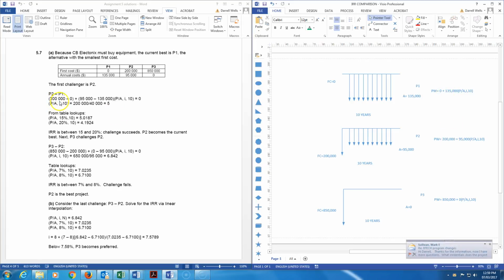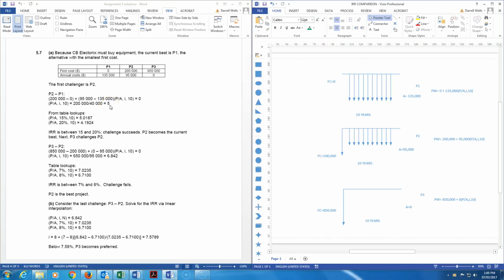So we have 200,000 minus 0, plus 95,000 minus 135,000, all times (P given A, i, 10). When you do some factoring out within the formula, it turns out that the P given A, i, 10 for this challenge is 5.